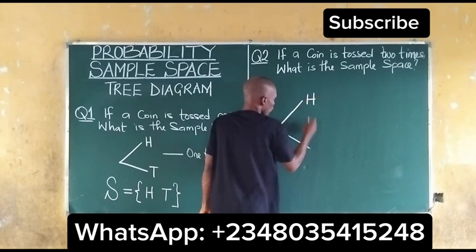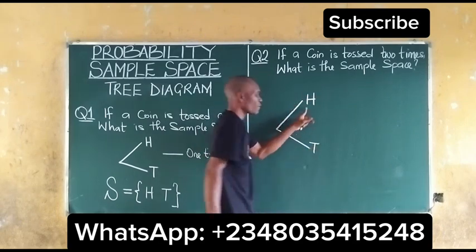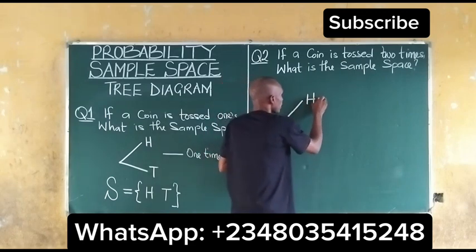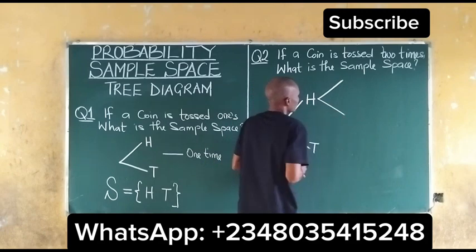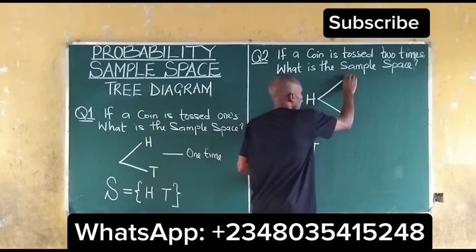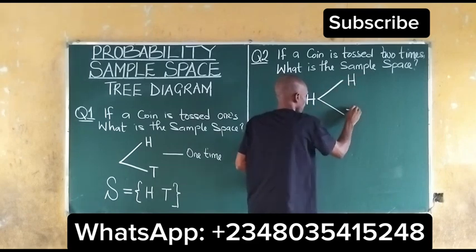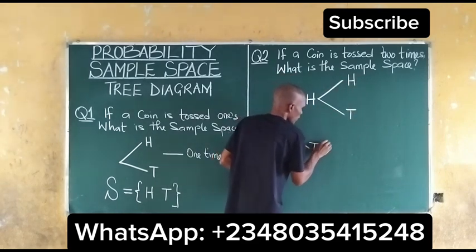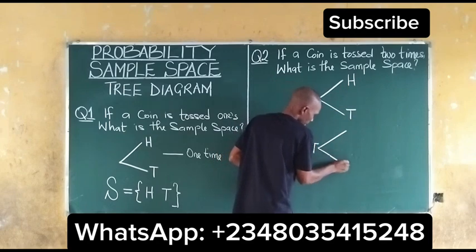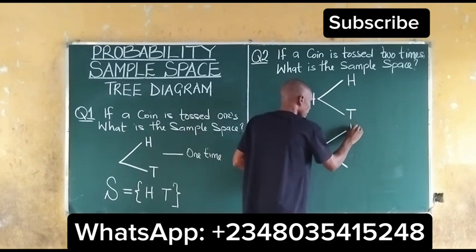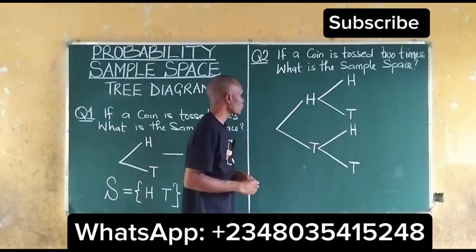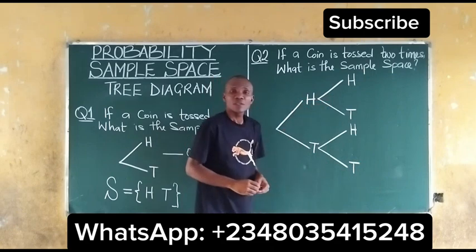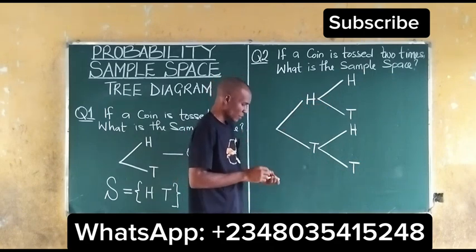This is the first coin, head, tail. Now, how do we get the second coin? We also draw another tree. For the second coin, we have the head and the tail. So how do we compute this probability?